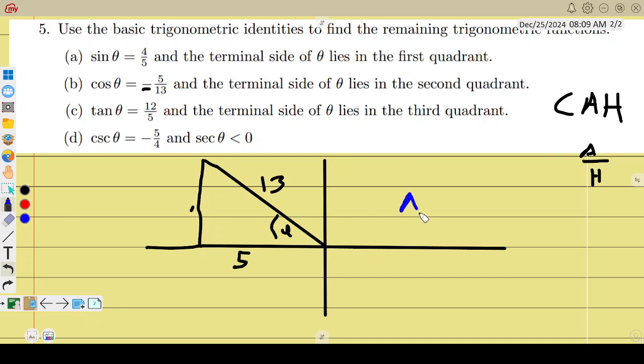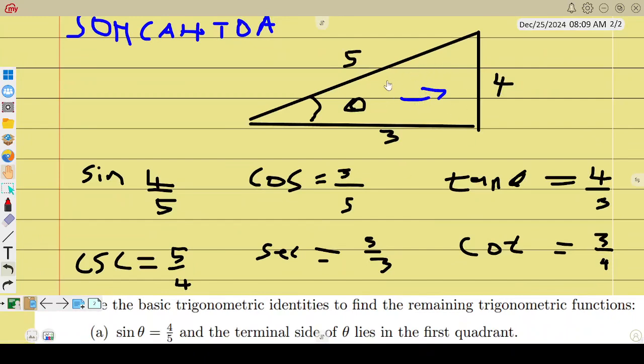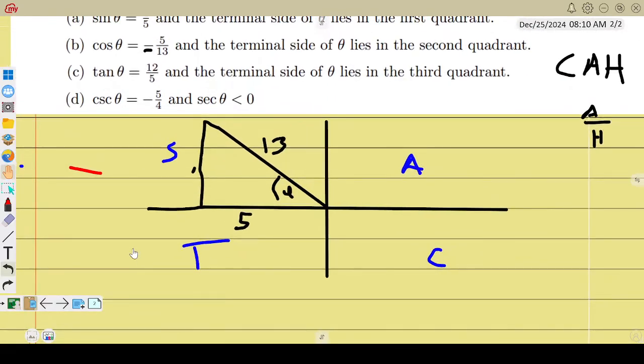And if you remember, we say all students take chemistry. So with that, what does it mean? It means cos in here is negative. No wonder we have cos theta is 5/13, but with a negative. And for the previous example, it just happened that it was in the first quadrant. This was the first quadrant. So all of these, they are positive, positive, positive. But here, we are even going to see we have negatives, positives.